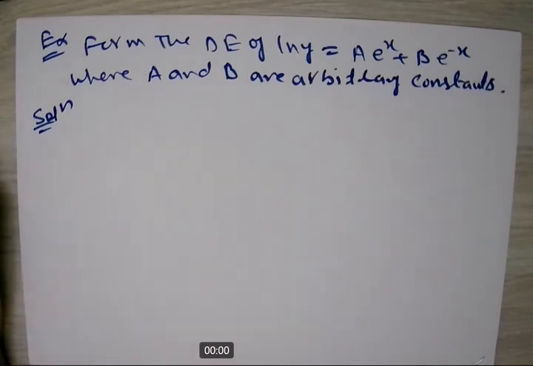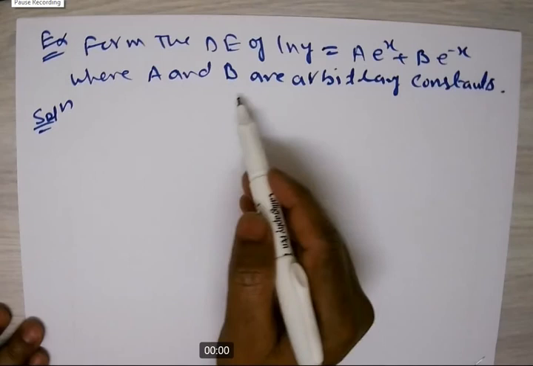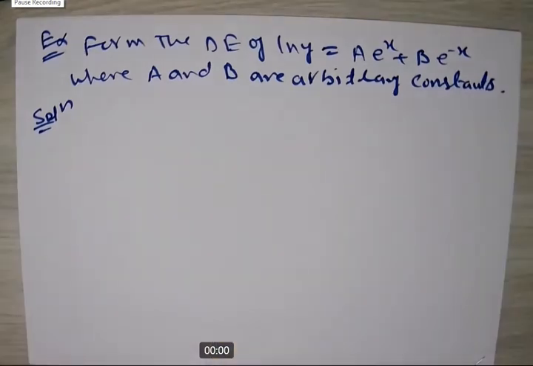Arbitrary constant means here A and B, means there are two arbitrary constants here.